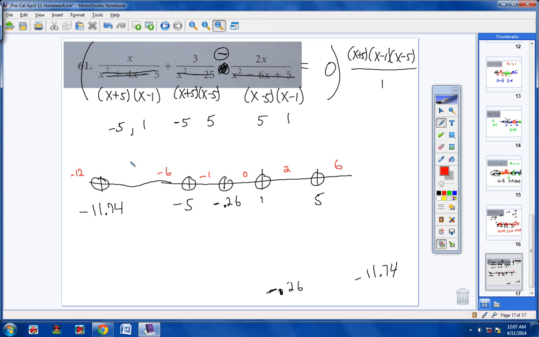Okay, now let me quickly look at the work that I have here. I'm trying to save a lot of video time. If you were to test these regions, this one here would not work, but this region right here would work. So a check mark right here. Okay, and then from negative 5 to, let's see what we have here.